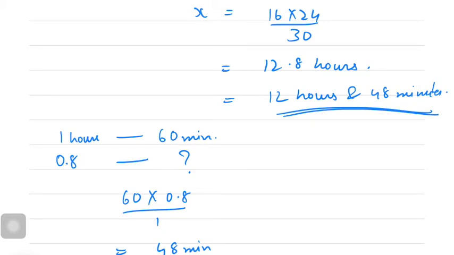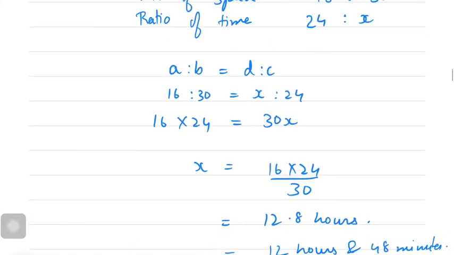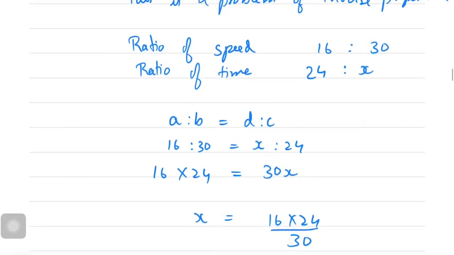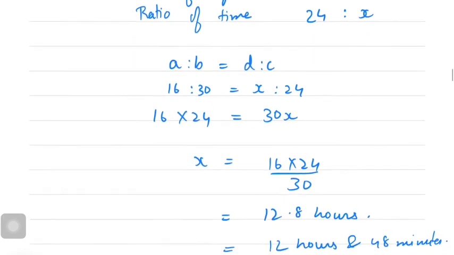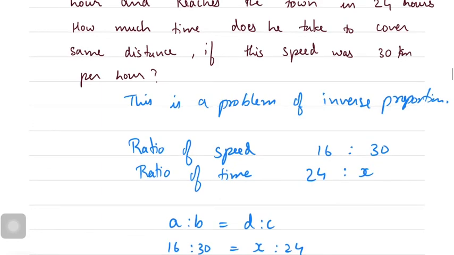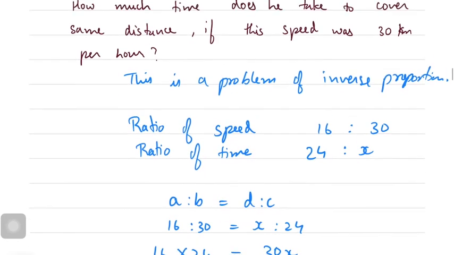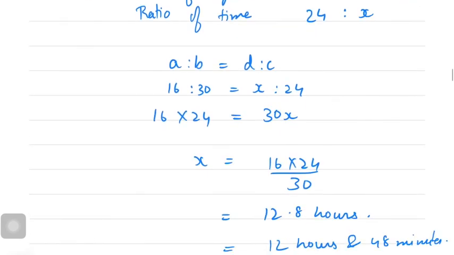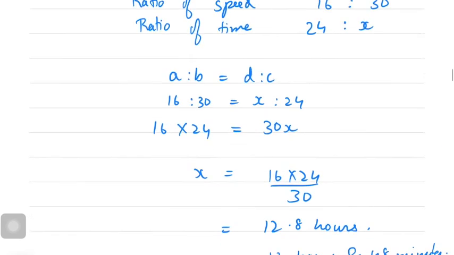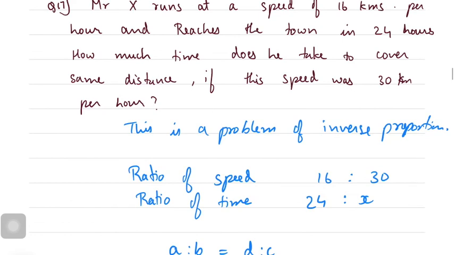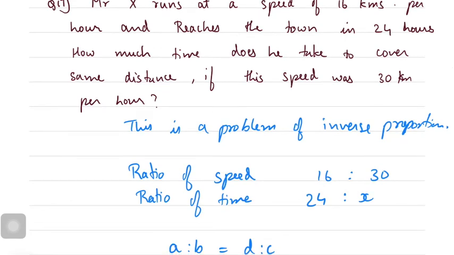Okay. In this case, it will take 12 hours 48 minutes to cover the same distance if the speed is 30 km per hour.